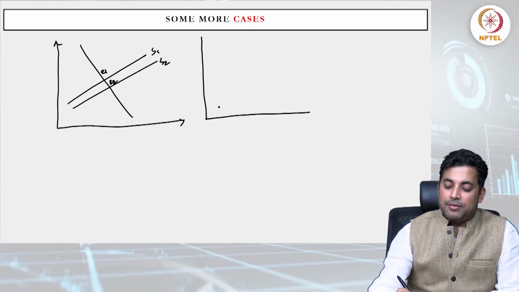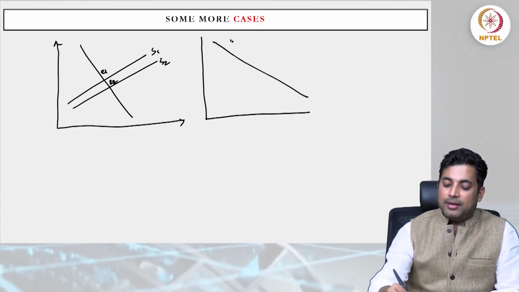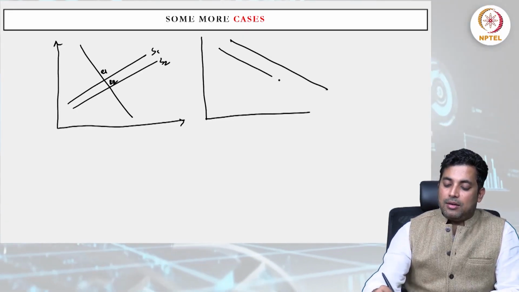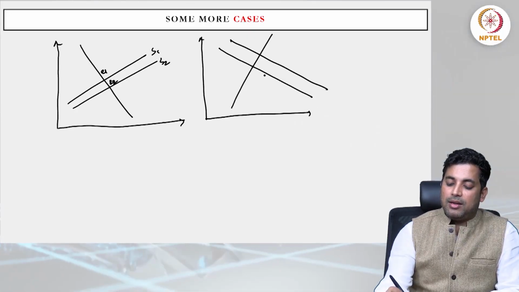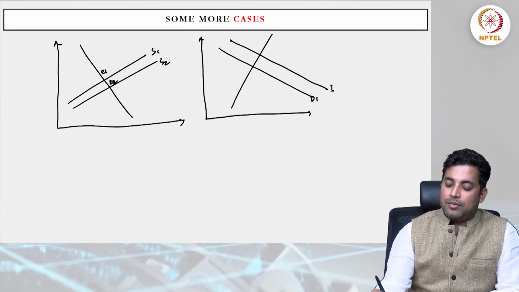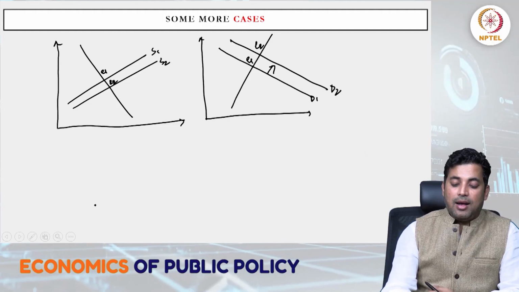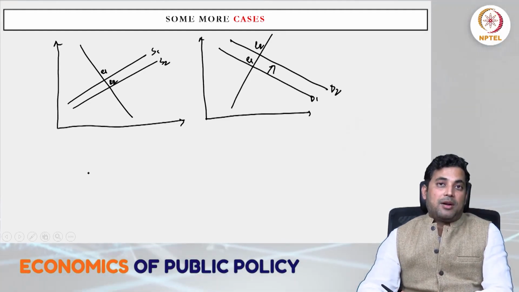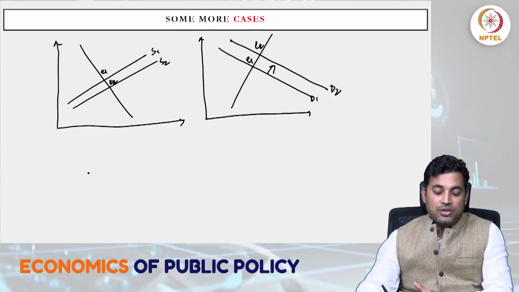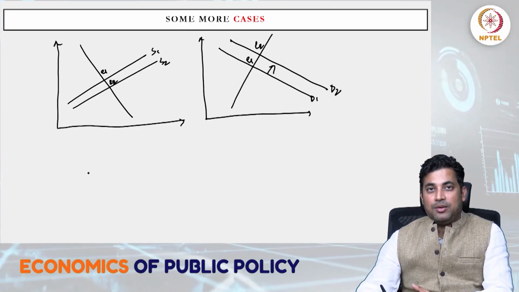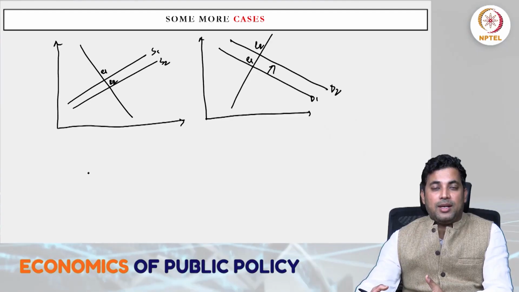And if the demand curve, for instance, is flatter as compared to the supply curve, then the changes in the equilibrium will also change accordingly. This is how in the marketplace equilibrium will change as per the relationship between price and quantity, or how price and quantity are sensitive to each other.